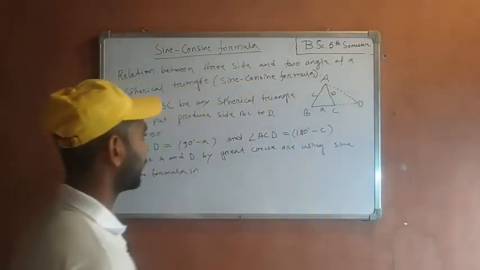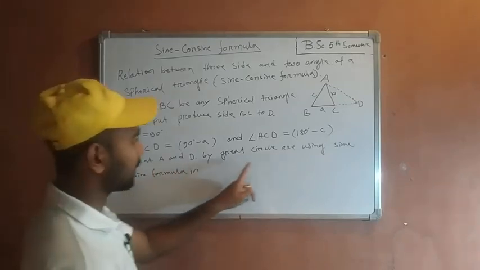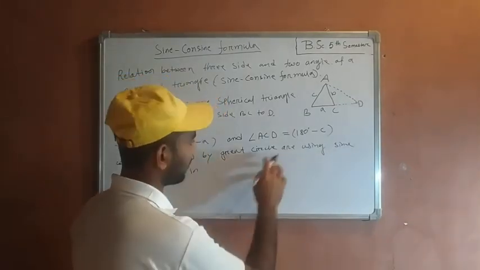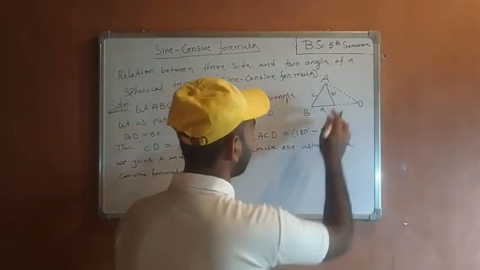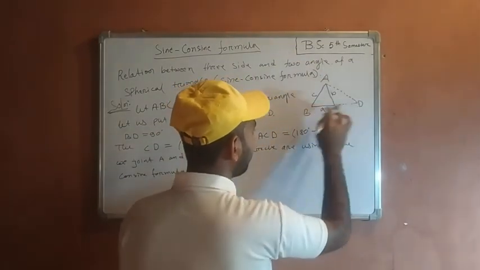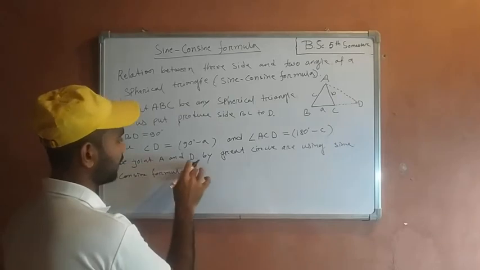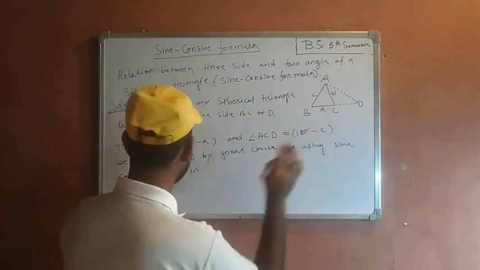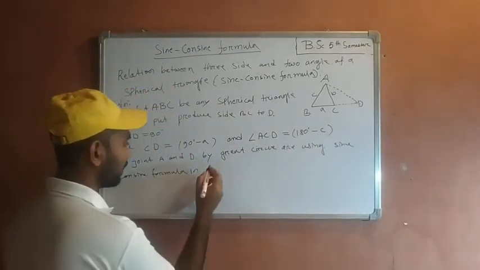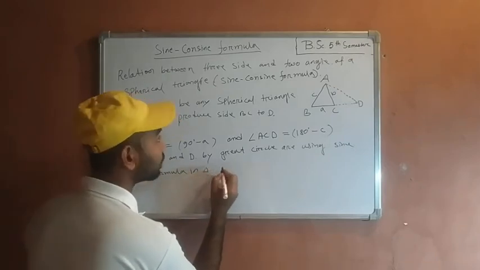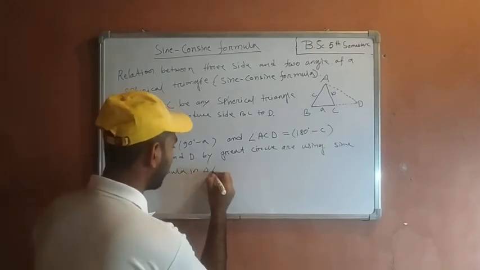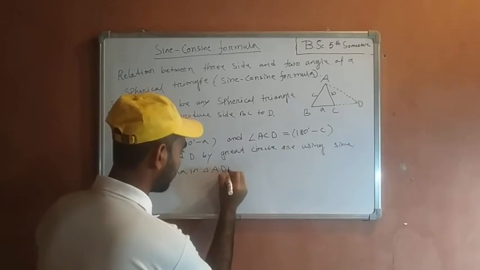At first we join A and D. That great circle means A, D, B. So we join A and D by a great circle, using the sine cosine formula in triangle ADB.